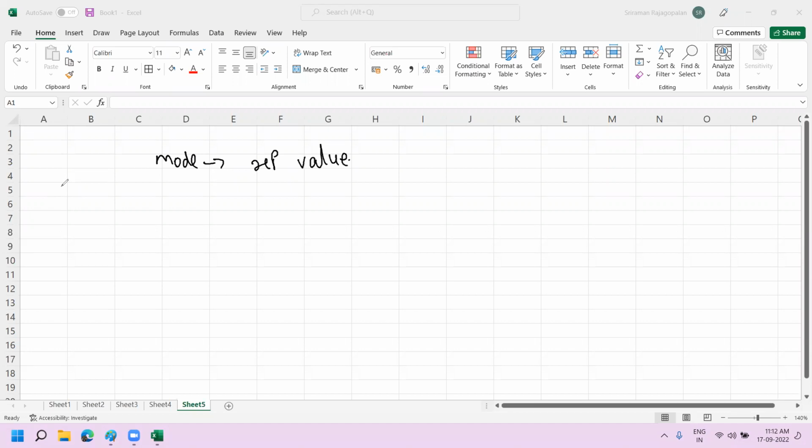But there will be some values like 50 lakhs, 70 lakhs, and so on, and those values will not come. So in that case, don't use the mode. That is why we have so many measures. But we have a very specific measure to calculate the repeating values.